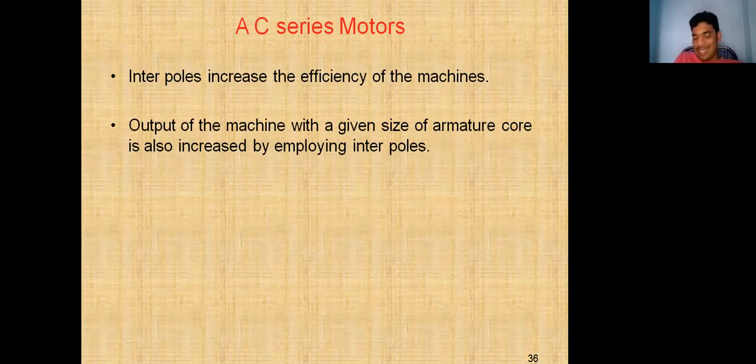The output of a machine with a given size of armature core is also increased by employing interpoles.